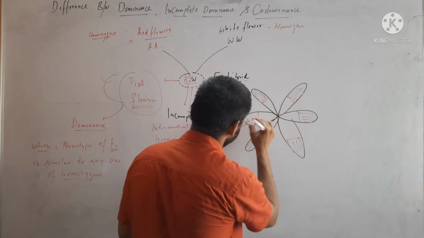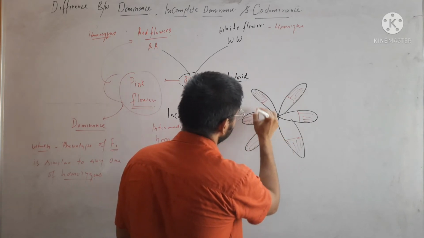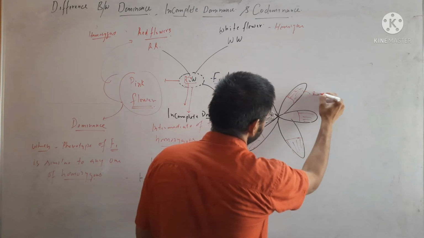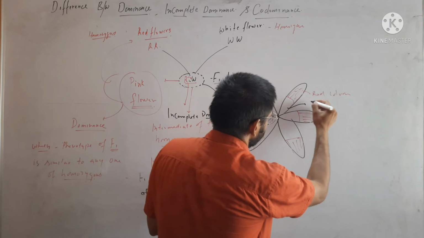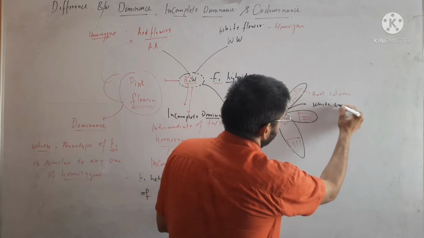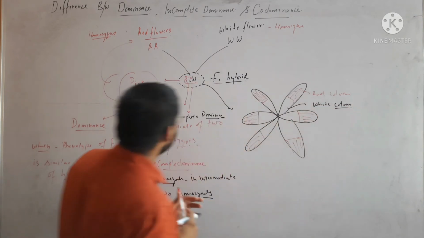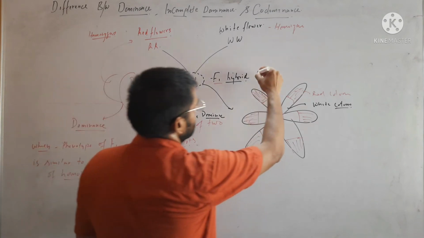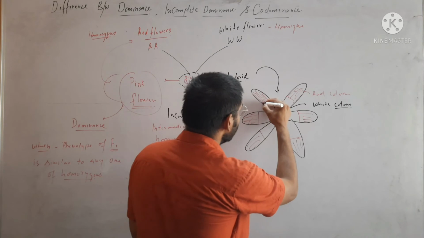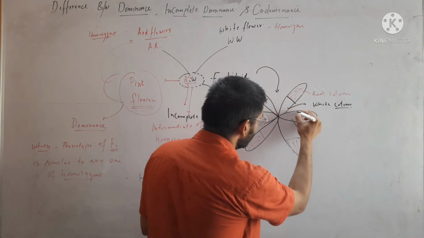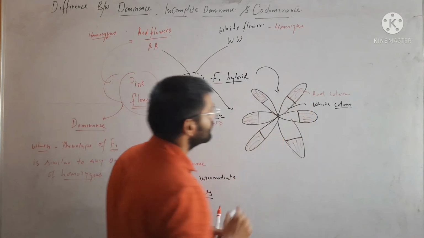This part is red, so it is red colored, and this part is white colored. If the phenotype of the F1 hybrid comes out like this, it means half the petals are white and half are red.